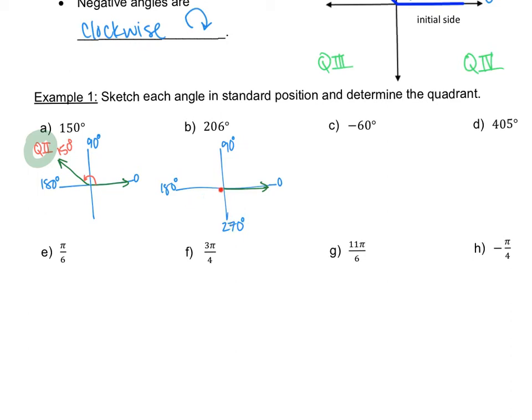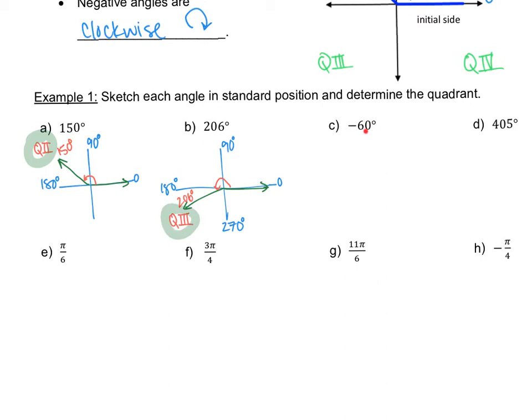So I know it's between 180 and 270, so that tells me it's in the third quadrant. From this initial side to the terminal side, that can be represented as 206 degrees. Oops, I didn't mean to do that in red. Let's do that in green.